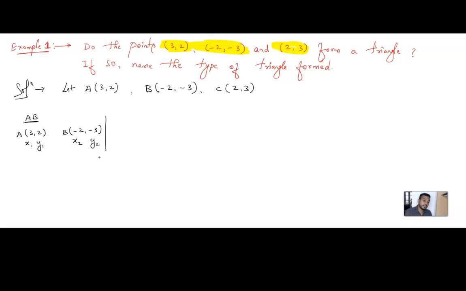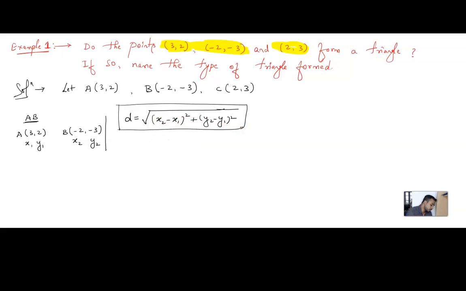What is the value of x2? Minus 2. What is the value of y2? Minus 3. First you write the formula, at least one time you have to define the formula. So what is the formula? That is d is equal to root of (x2 minus x1) whole square plus (y2 minus y1) whole square. This is the distance formula, right?